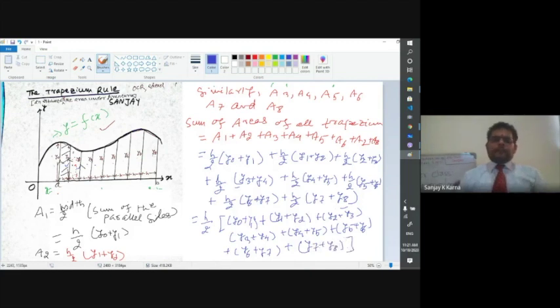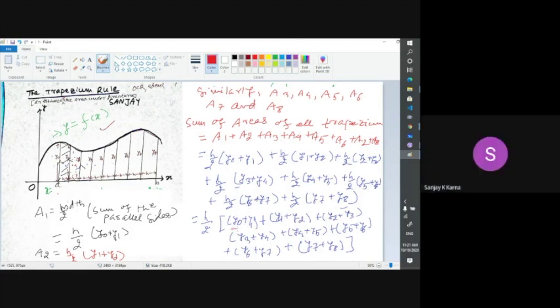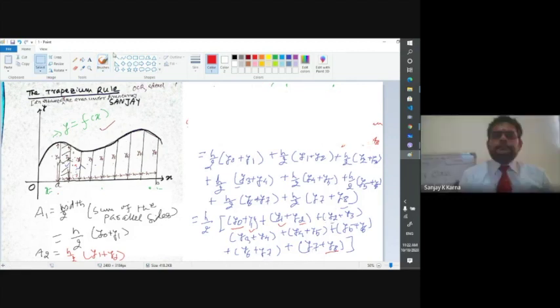Let's see how the terms are here. You can see y0 appears only one time, and y8 also only one time, but the rest, for example y1, is twice here, similarly y2 is twice, and up to y7 you will get 2 times y7.